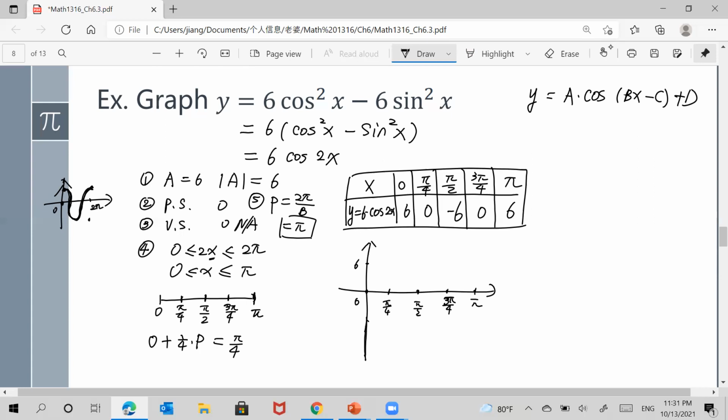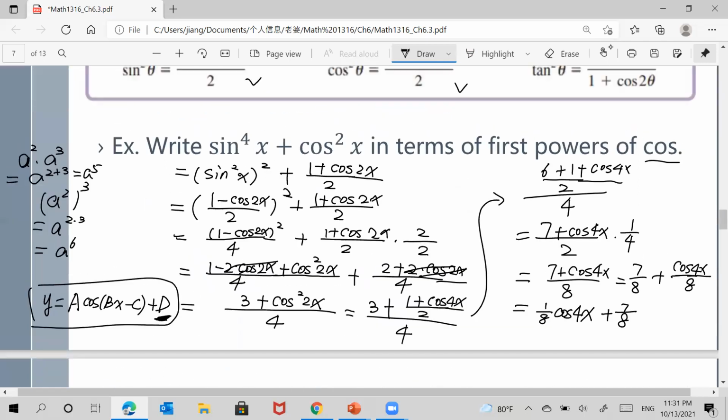And then amplitude A is 6. That means maximum 6, minimum -6. First point is a maximum. And then the x-intercept going down to here. This is -6.